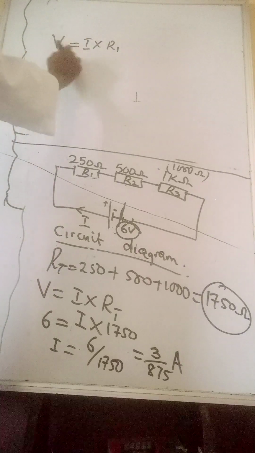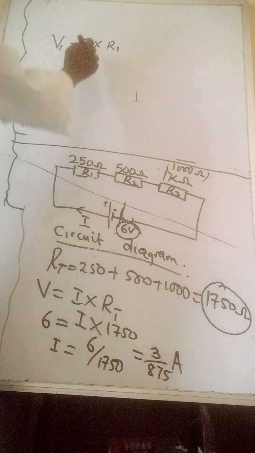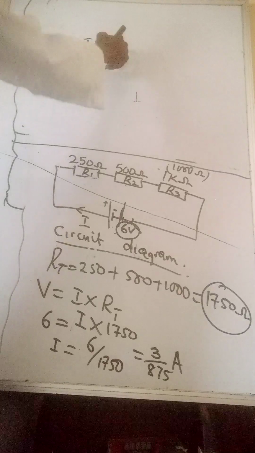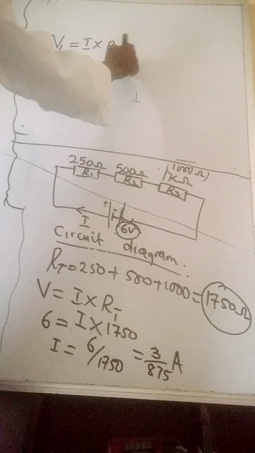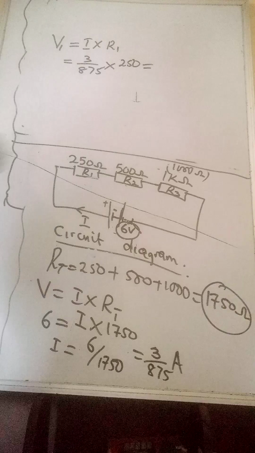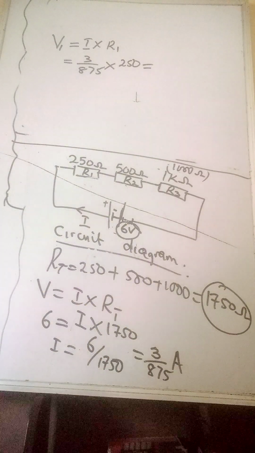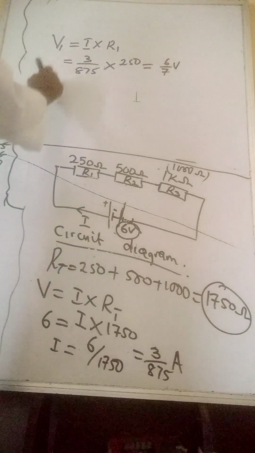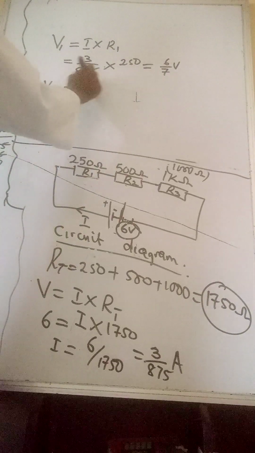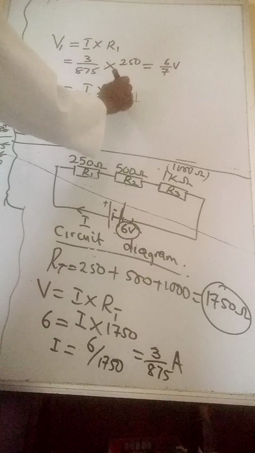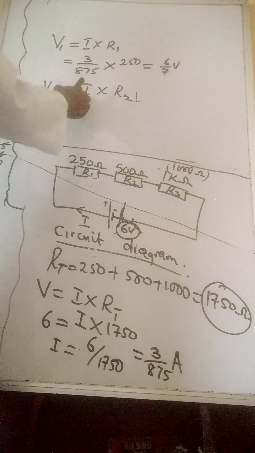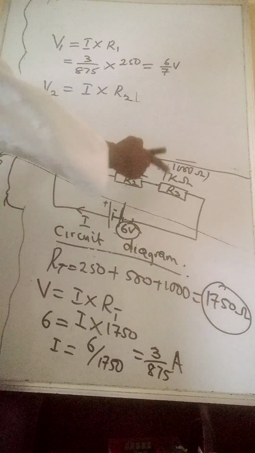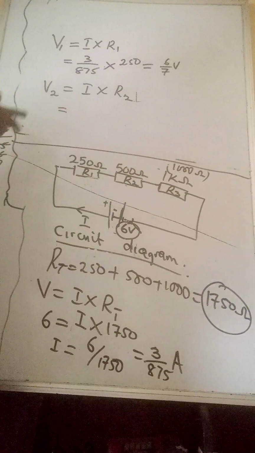Current is 3/875 times R1, which is 250. That will give us 6/7 volts. For V2, that will be current times R2. And current is the same. Don't forget, the same current passes through each resistor in series.